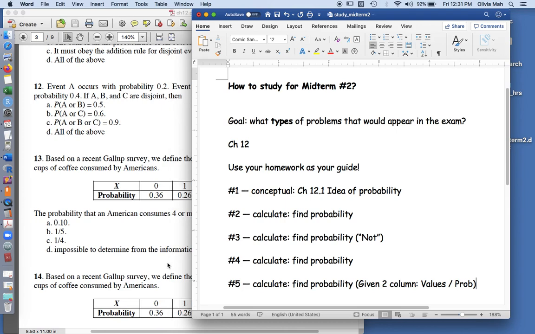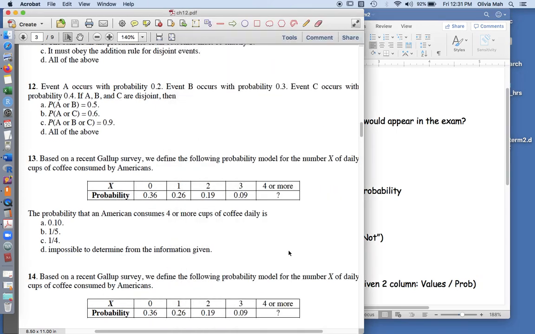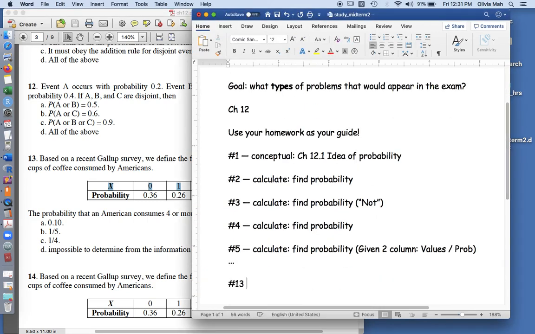Let's use another example. Let's say, okay, 13. 13 is also calculations, but this time you're given a table, but it looks a bit different. So you record that in your notes.